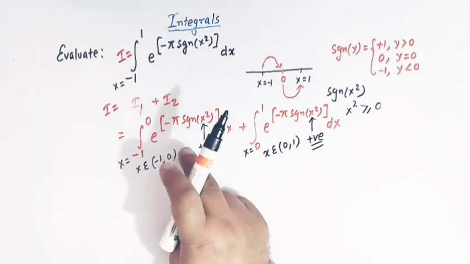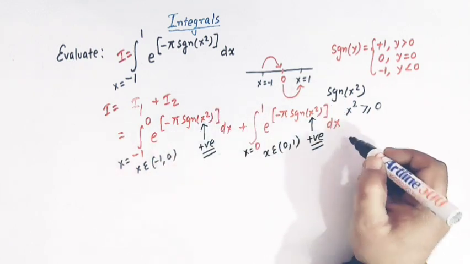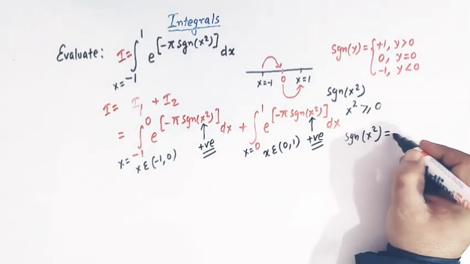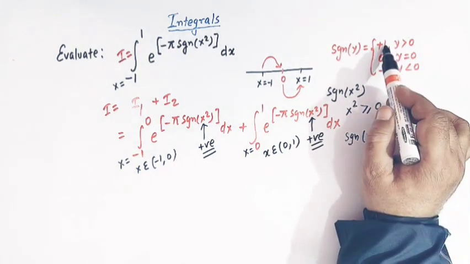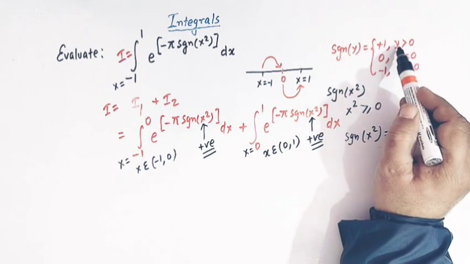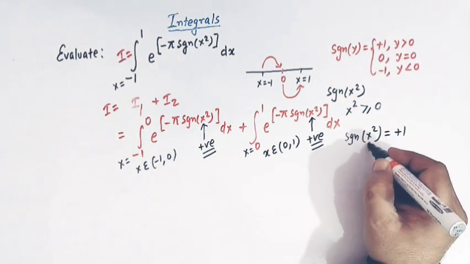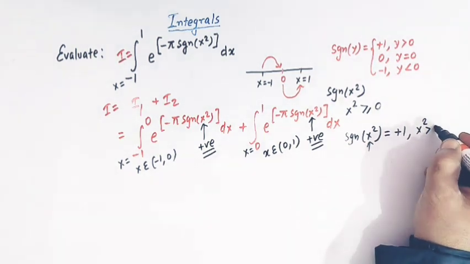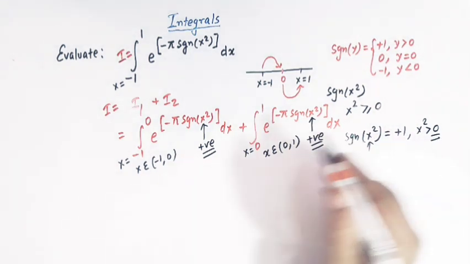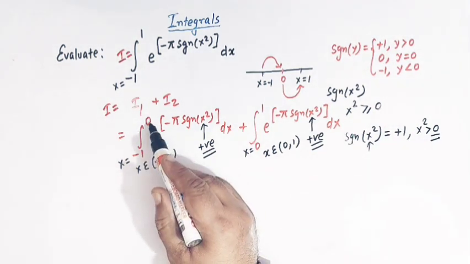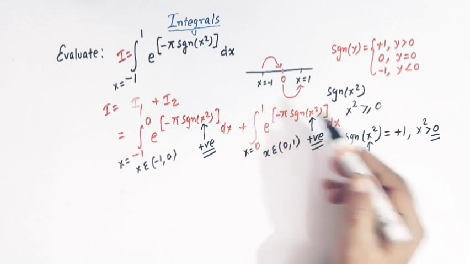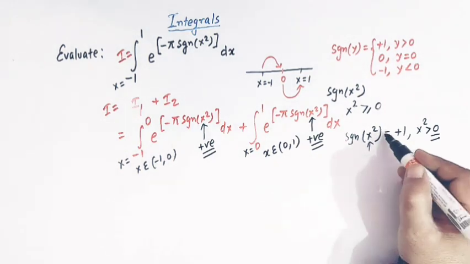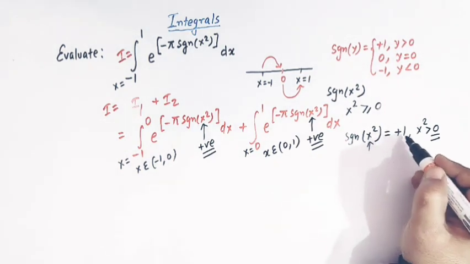So we can see that in both of these integrals, signum of x square is equal to positive 1, right? Because this quantity y is greater than 0, and here we have y as x square, right? So x square is always greater than 0, whatever be the value of x lying between -1 to 0 or 0 to 1, so signum of x square always gives us the value +1.